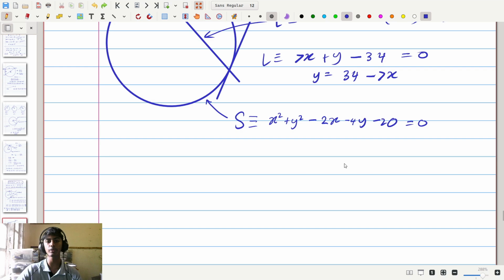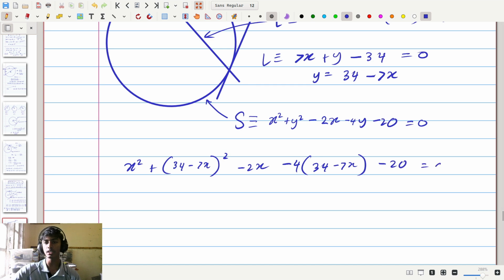So doing so, we can see x squared remains as it is, so we get x squared, and then this plus y squared needs to be replaced with this, so we get plus 34 minus 7x whole thing squared, and then from this bit we get minus 2x as normal, and then minus 4y, which is going to be 34 minus 7x minus 20 equals 0.